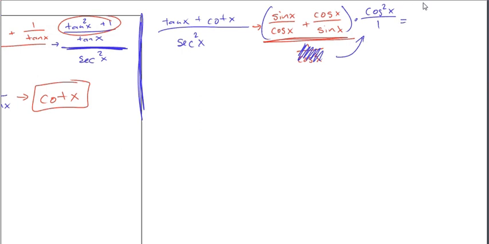And that's going to give us, and we'll actually rewrite it down right over here, sine of x cosine squared of x, or cosine of x squared, all over cosine of x, plus cosine of x times cosine squared of x.